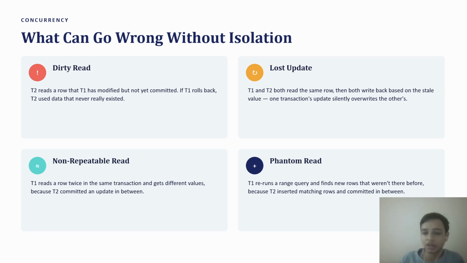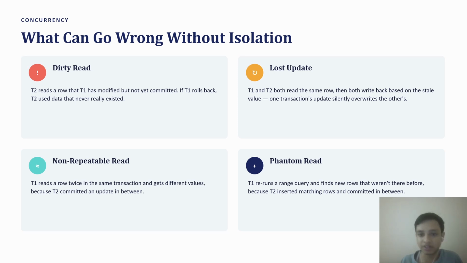So when I read the table first, I found 5 rows. But when I reran the query, I found 10 rows because, in between, another transaction happened and increased the rows. So this is called phantom read in the case of rows, and in the case of data, it's non-repeatable read.